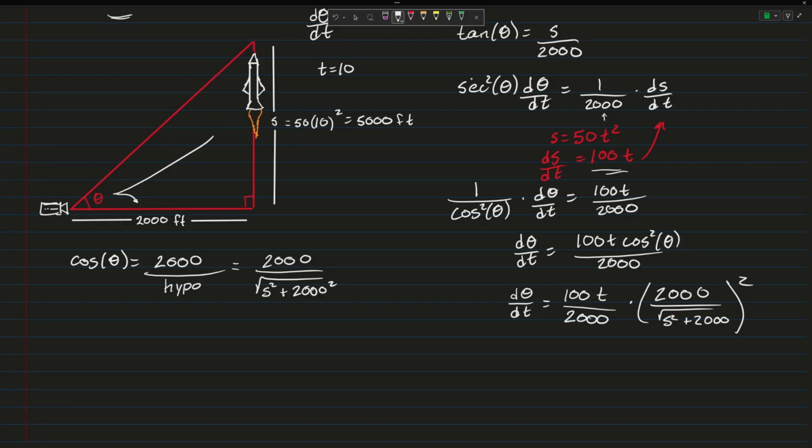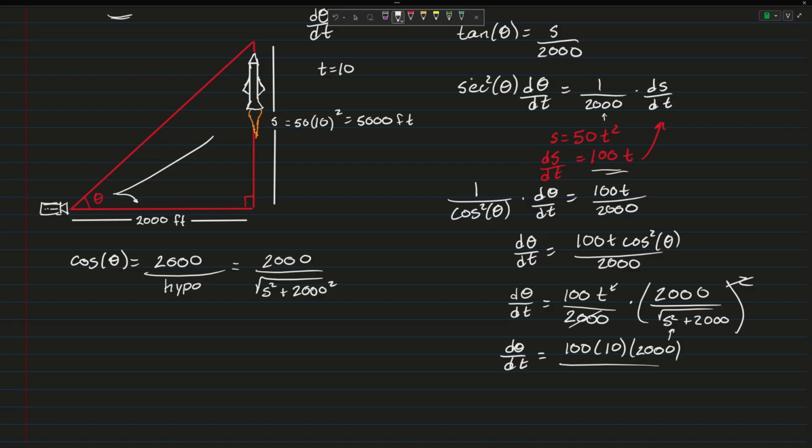When we substitute things that we know in, right? So we know t is 10 and we know s is 5,000. We get d theta dt is equal to 100 times 10 times, one of these will cancel one of those. So 2,000 over s squared.